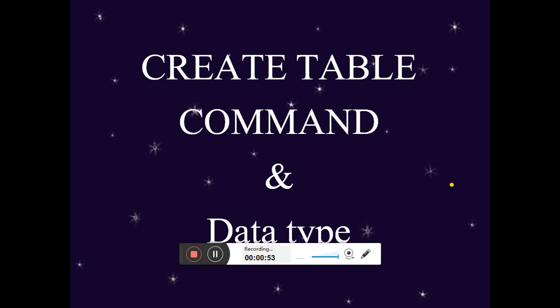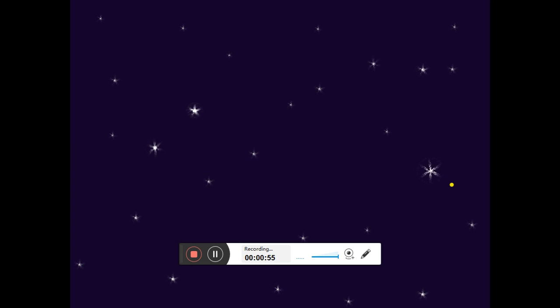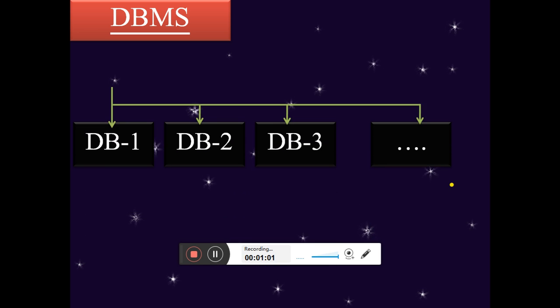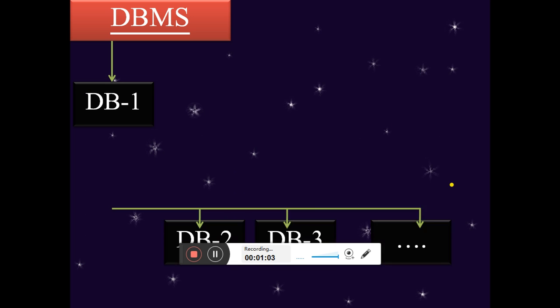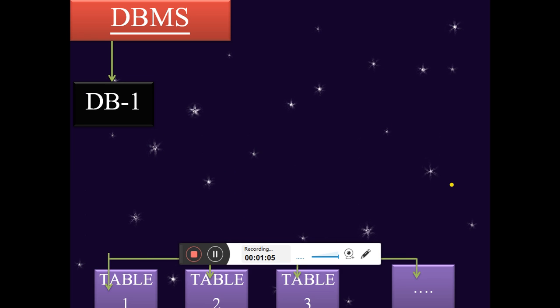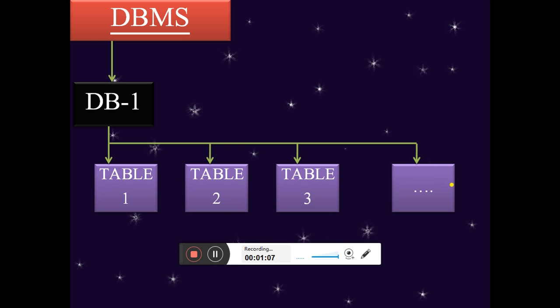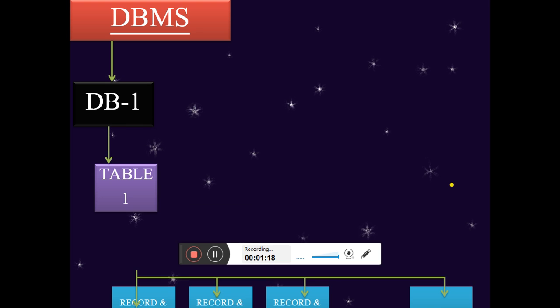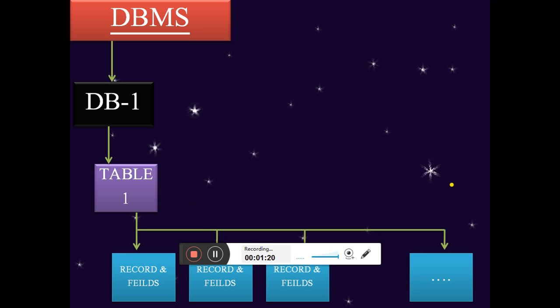As I already explained the hierarchy of database management system, the database management system is a software which is used to create multiple databases. In one database you can create multiple tables. In the last lecture I explained how to create a database and how to create a table in a database. Now, in one table you can create multiple records and multiple fields.